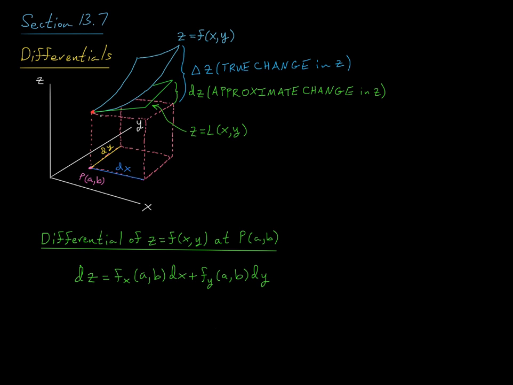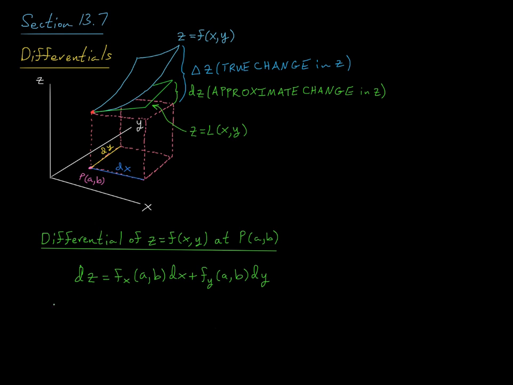So think about this as just measuring this little rise along this piece of the tangent plane running in the x direction. Okay, so this is just like the slope in the x direction times the run, and that product will give you this little rise. Then you're going to get a similar change, but in the y direction. So it's going to be the slope in the y direction times the run in the y direction. So this product tells me the change in the y direction. And then the total change here would just be their sum, okay?